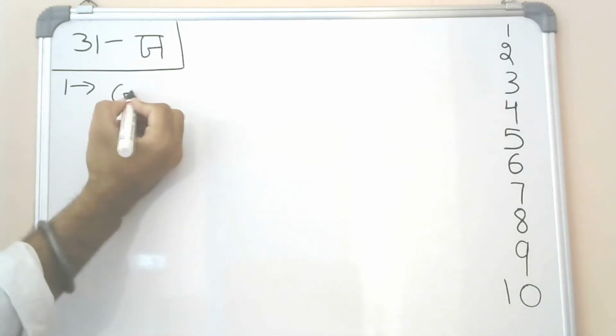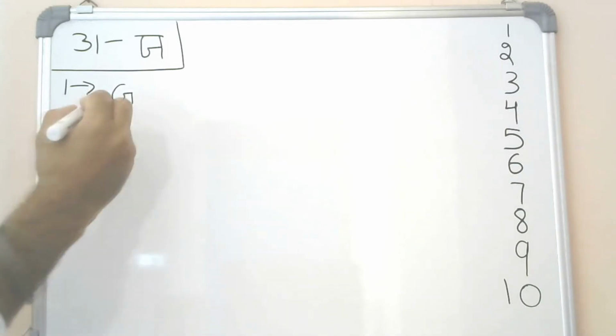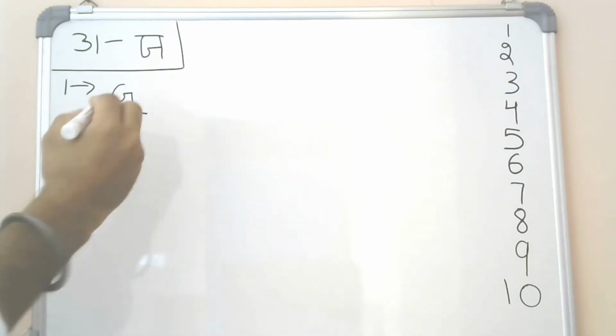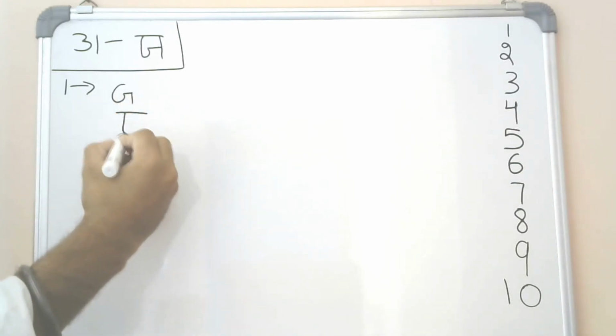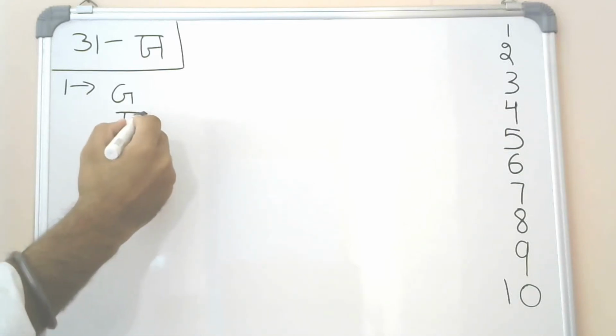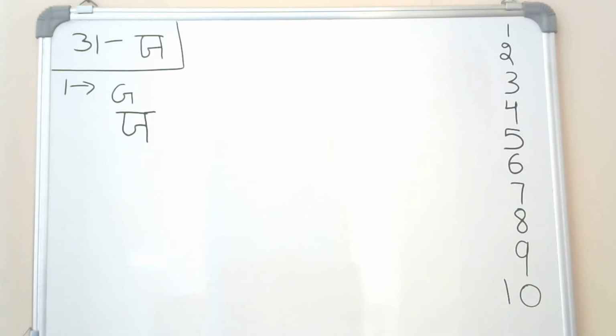This is how we will be writing a G. It is somewhat similar. What you have to do is first you have to have a line, then you're going to have a curve like a G, and then this line, a 1 you can say. This is how you're going to write Yaya.